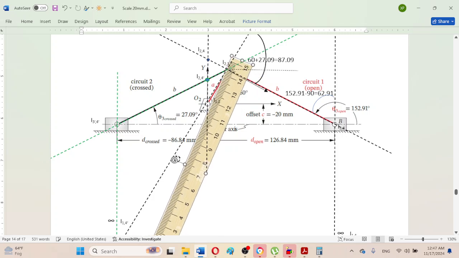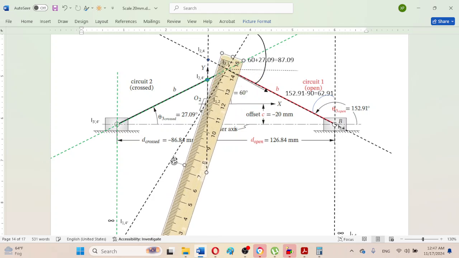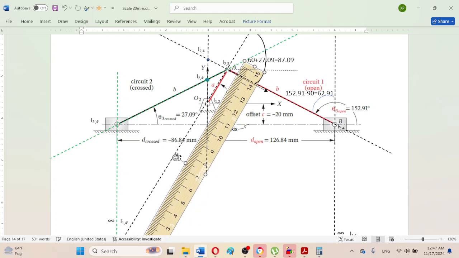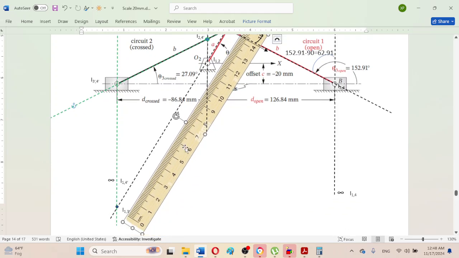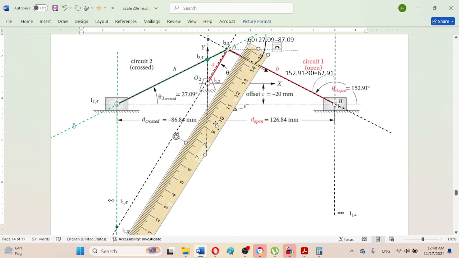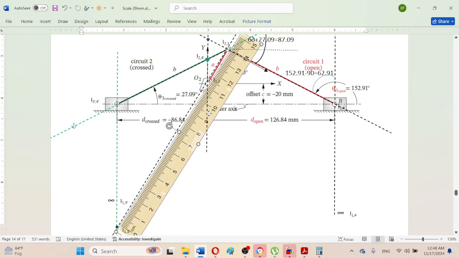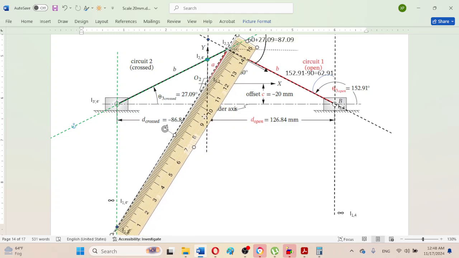Practically, while working on the A4 size page, we will be placing the linear scale like this, parallel to the line, and from here I can start measuring.